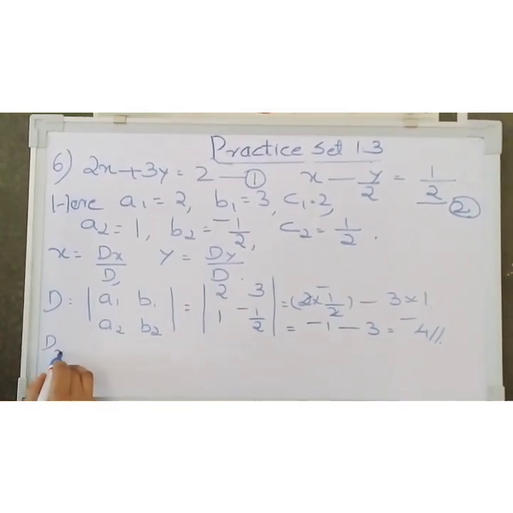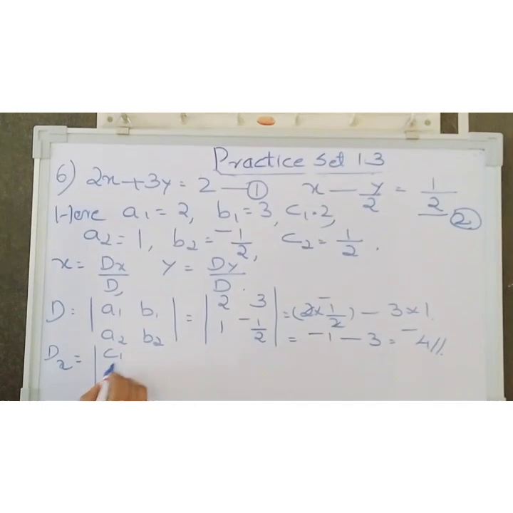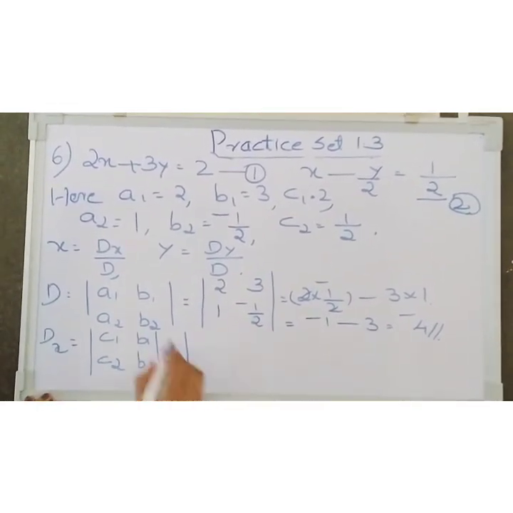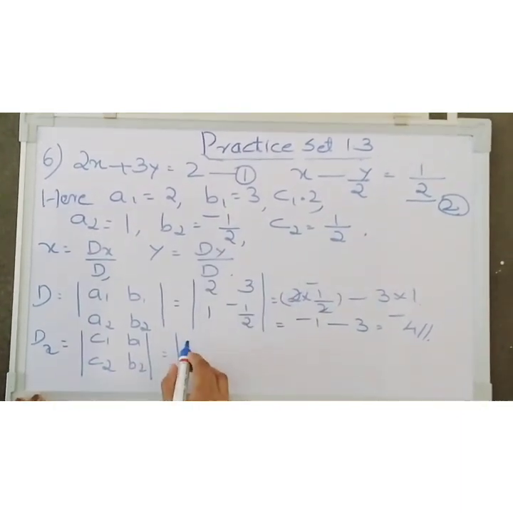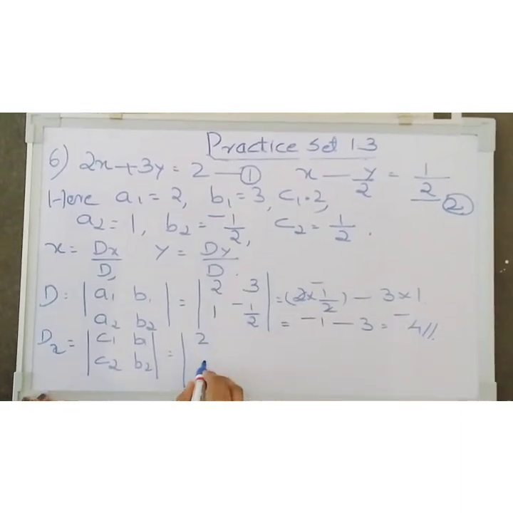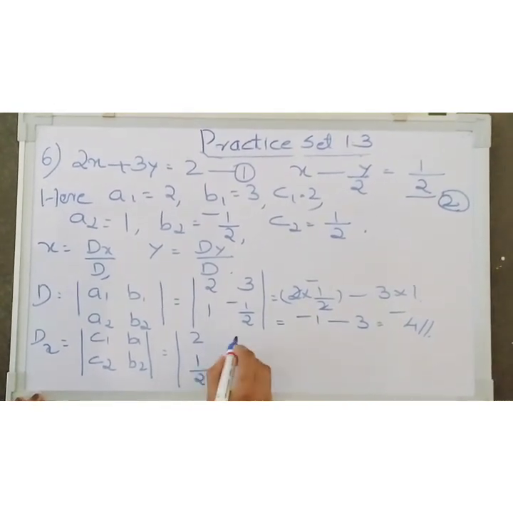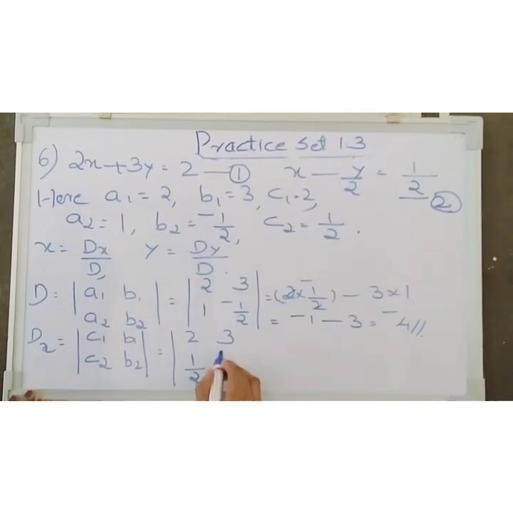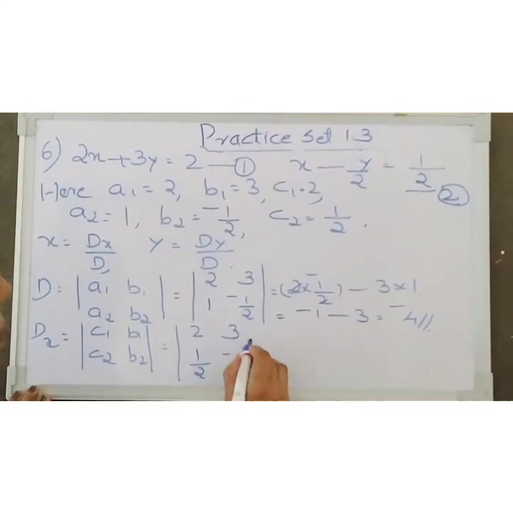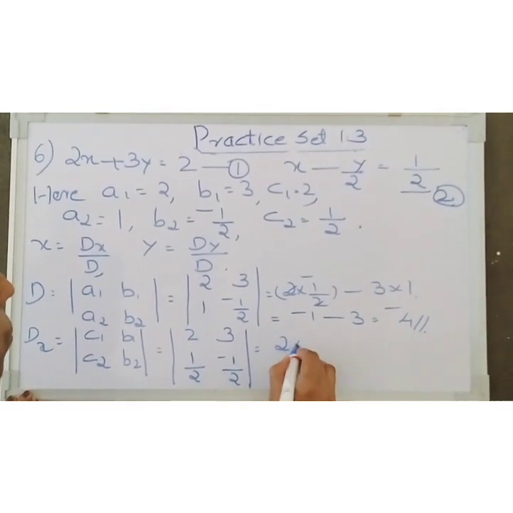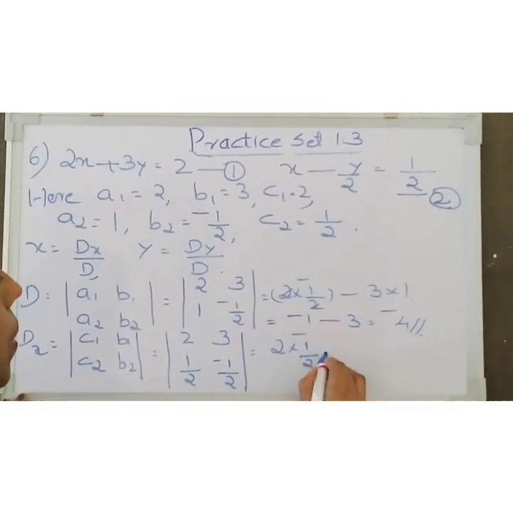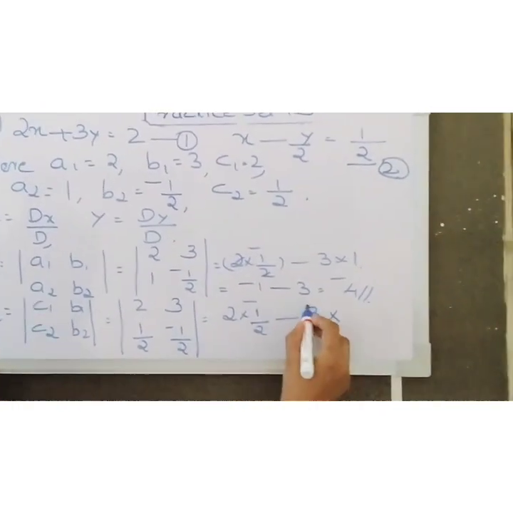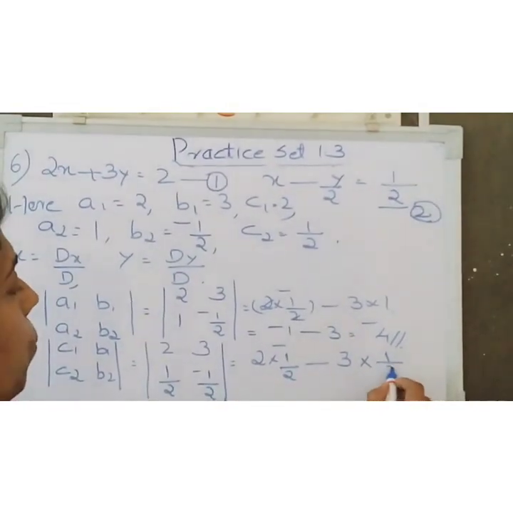And dx is equal to the determinant of c1 c2 b1 b2. Determinant of c1 c2 means c1 is 2, c2 is 1 upon 2, and b1 is 3, and b2 is negative 1 upon 2. 2 into negative 1 upon 2 minus 3 into 1 upon 2.